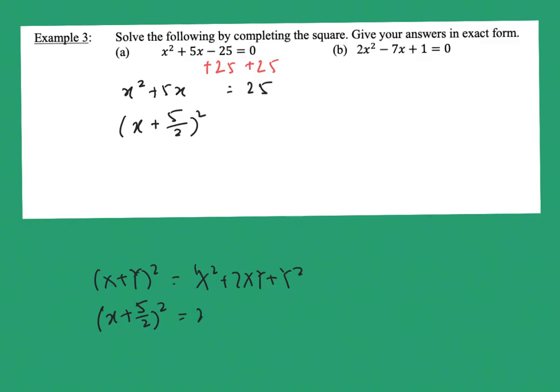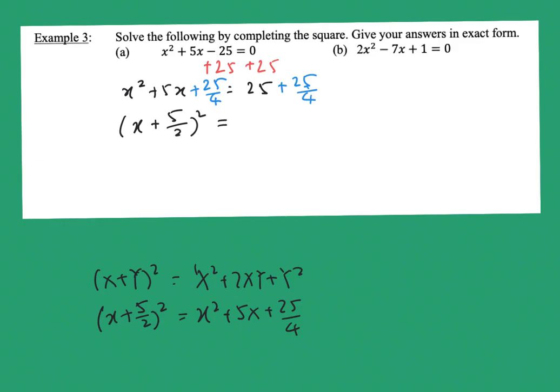So this becomes x squared plus 5x plus 25 over 4. So I will need to add 25 over 4 to both sides in order to keep the left-hand side a perfect square.